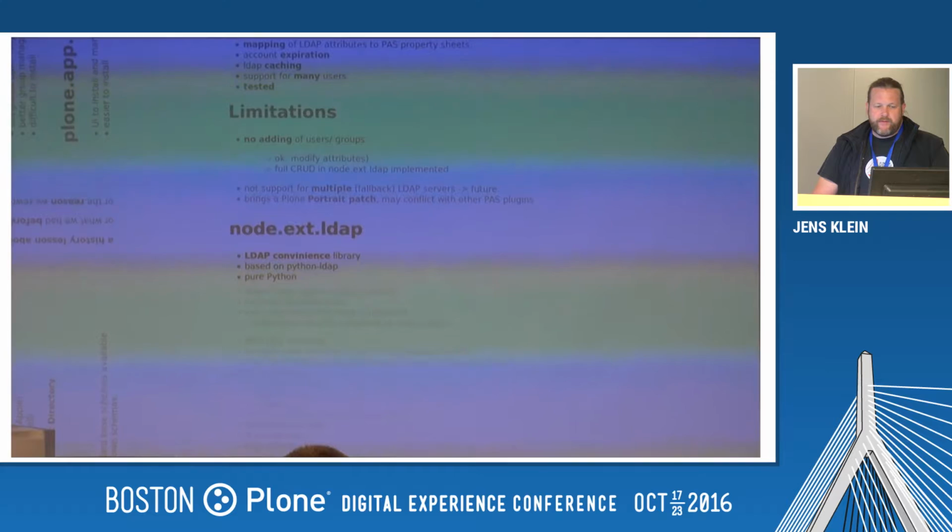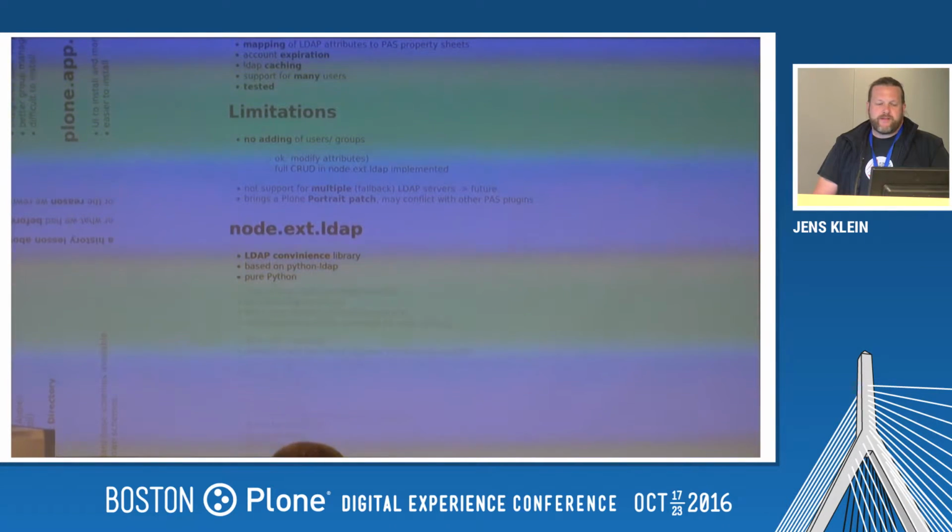The library beyond this, node.ext.ldap, is a workhorse. pas.plugins.ldap is just using its API. It's an LDAP convenience library, and it's called node because it's a tree of nodes. This node.ext namespace also contains different implementations.